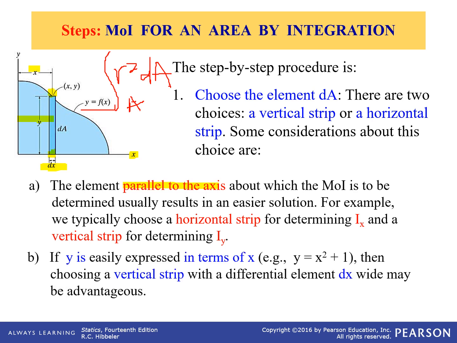Another guideline is if y is easily expressed in terms of x, for example, an equation like that, then choosing a vertical strip with a differential element dx may be easier for you to do the calculation. But sometimes it's trial and error. Sometimes it's about practice. The more you practice, the faster you can identify which strip is easier for you to do the calculation.